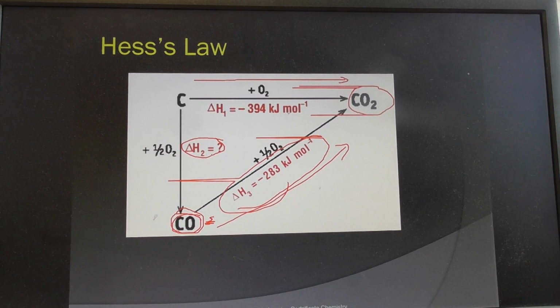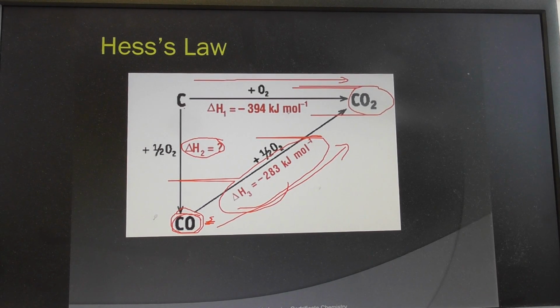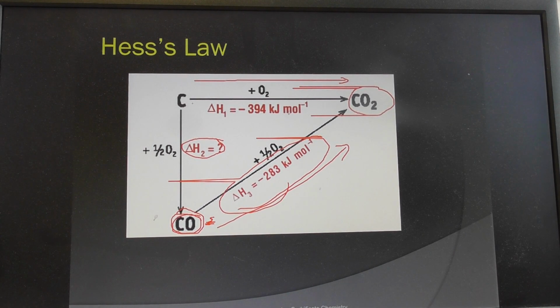The reason we can calculate it is that it doesn't matter the route that a reaction takes going from reactant to product. Whether it's this top one, straight from carbon and oxygen to give you carbon dioxide, or this route here that goes through an intermediate carbon monoxide, the same amount of heat will be given out.